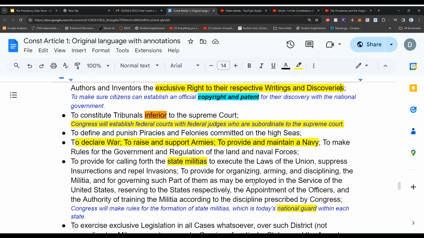To provide and maintain a navy, the same thing there. So it's Congress who lays out the money for our armies and navy, and it can declare war. But the actual commander in chief who gives directions and orders to the army's generals and the navy's admirals, that's the job of the president.